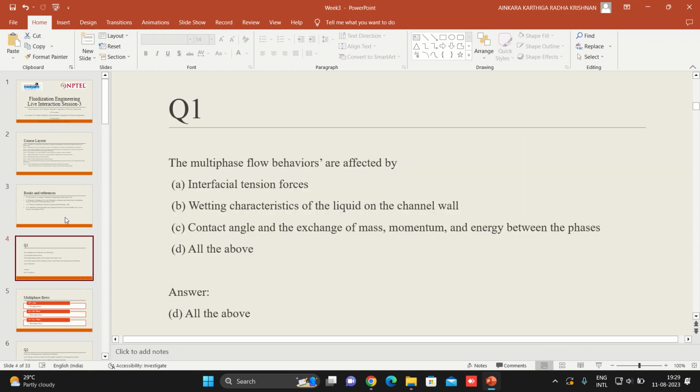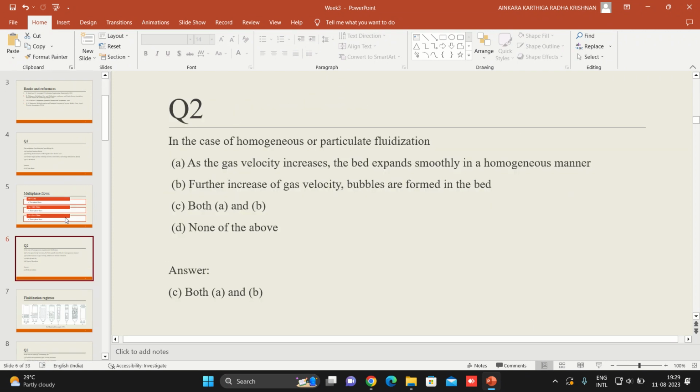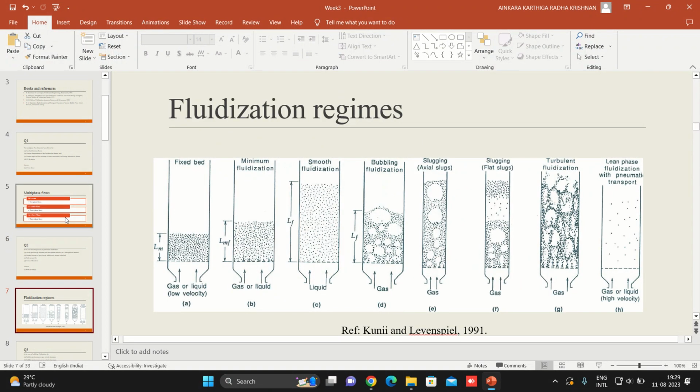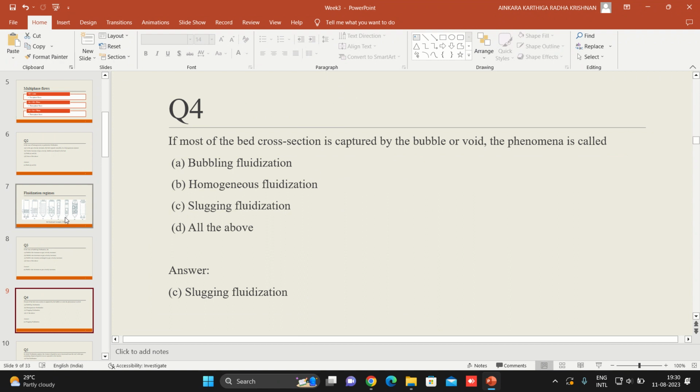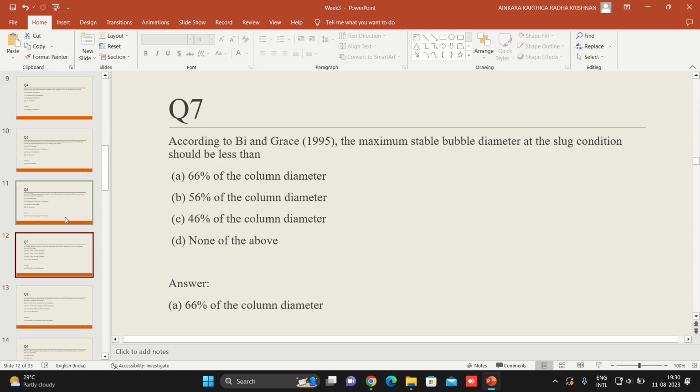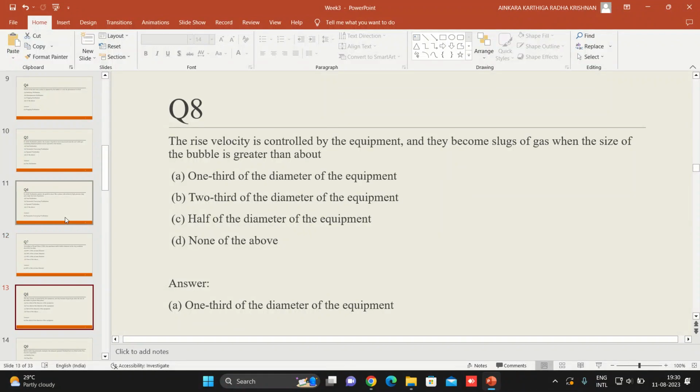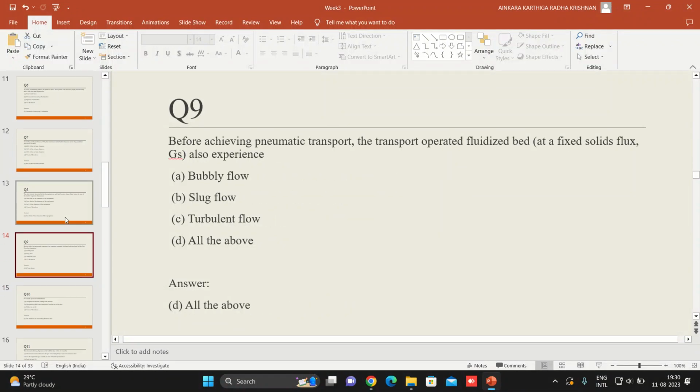In today's class, the first problem was about multiphase flow behaviors, how it is affected, and what the properties influencing it are. Next it was about homogeneous or particulate fluidization, how it is influenced, and fluidization regimes. Then it was about the bubble diameter and the maximum stable diameter, and how far it can grow inside the bed.